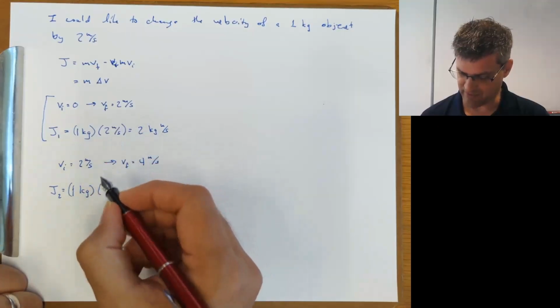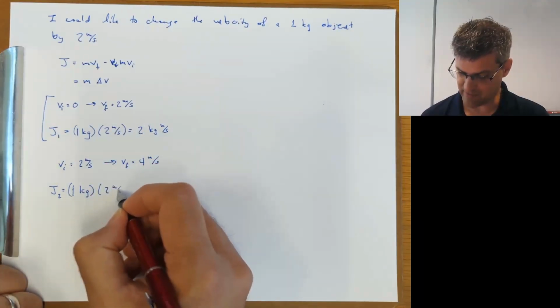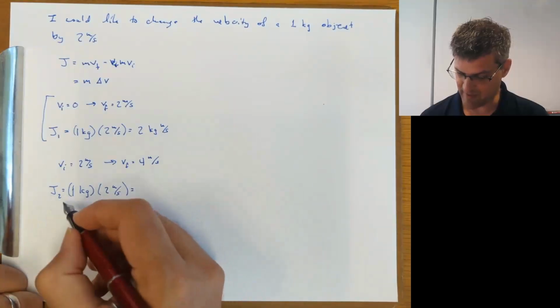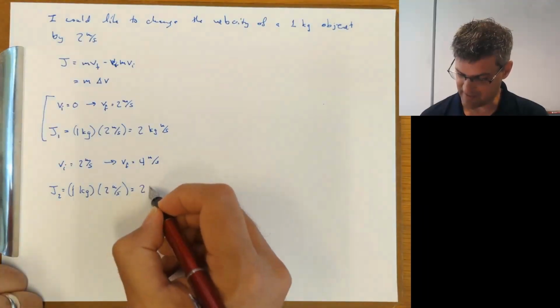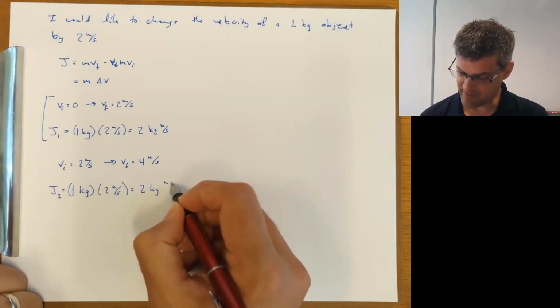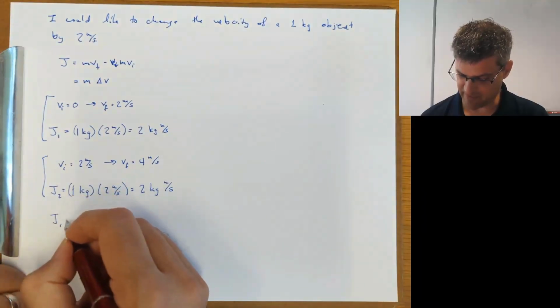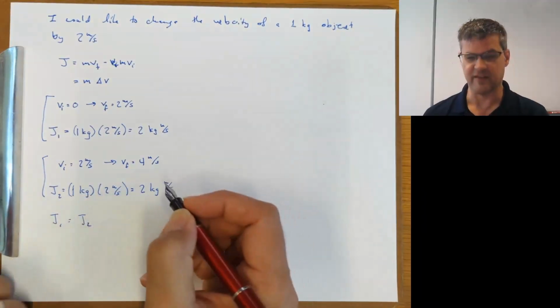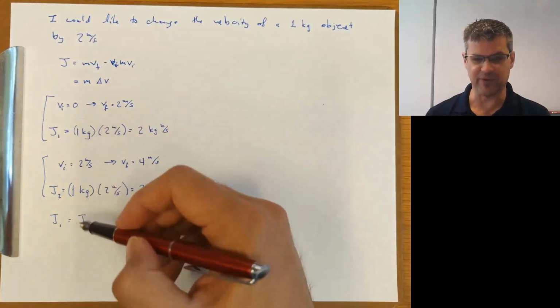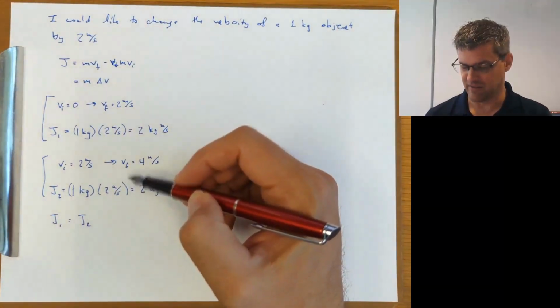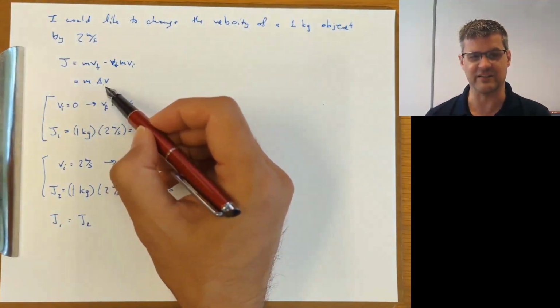The change in velocity is still 2 meters per second. The impulse needed is 2 kilogram meters per second, just like before. J1 is equal to J2. Impulse did not change with this change in velocity that was asked.